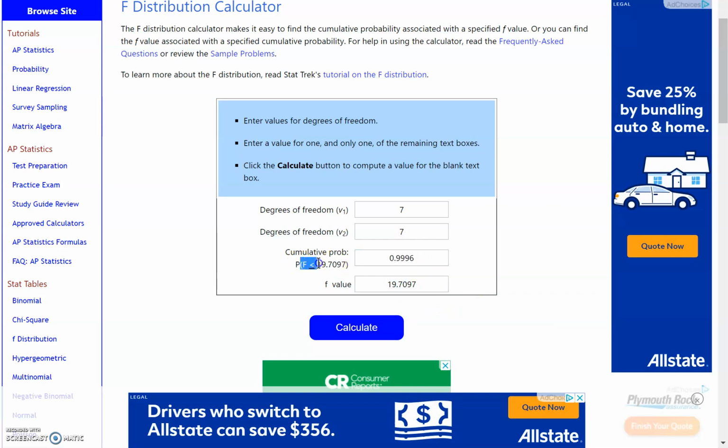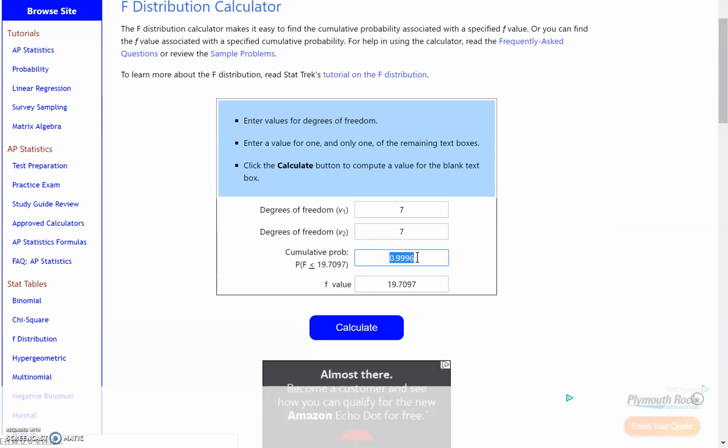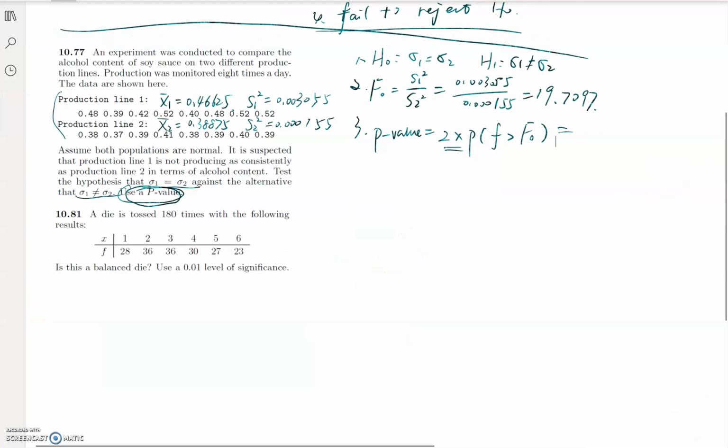Because this is the probability that f is less than or equal to this value, what we want is 1 minus 0.9996. So it's 2 times 1 minus 0.9996, which equals 0.0008.